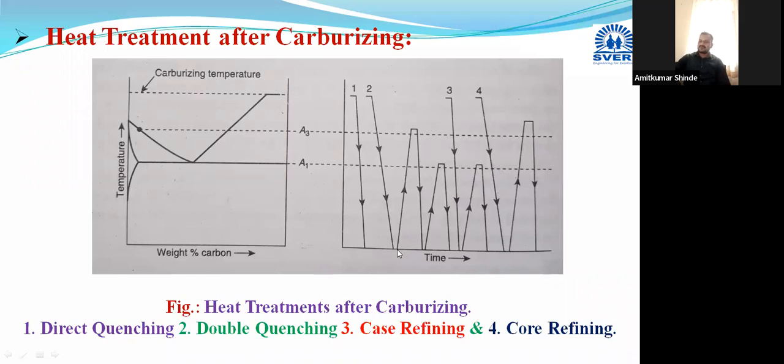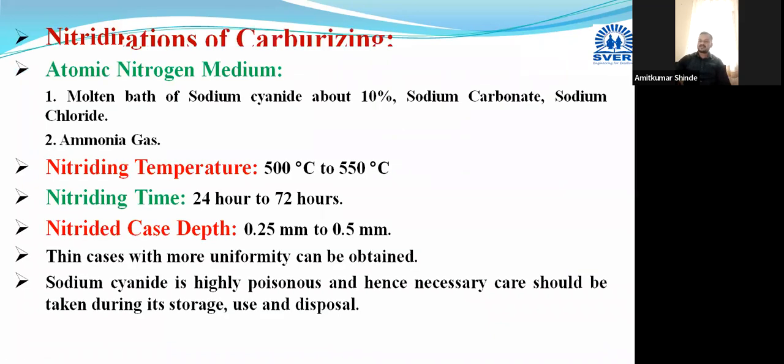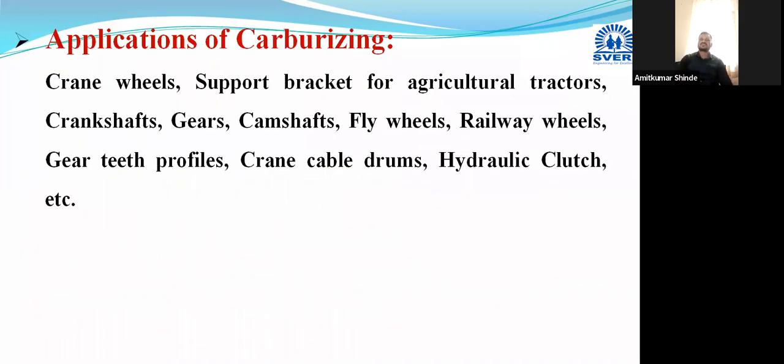Now the next type of heat treatment process. Before going to nitriding, I will show you some applications where carburizing is done on different components.